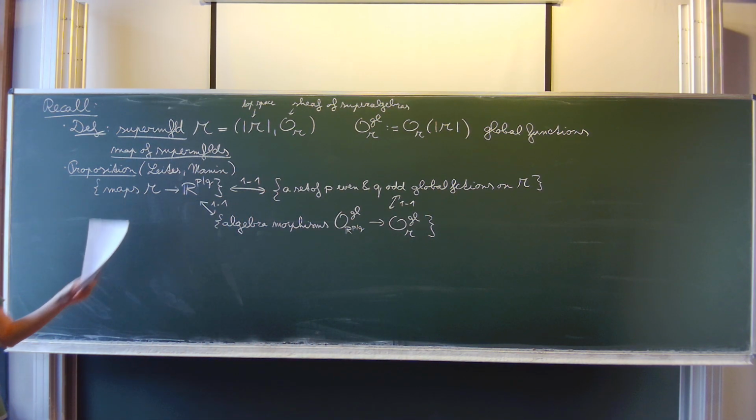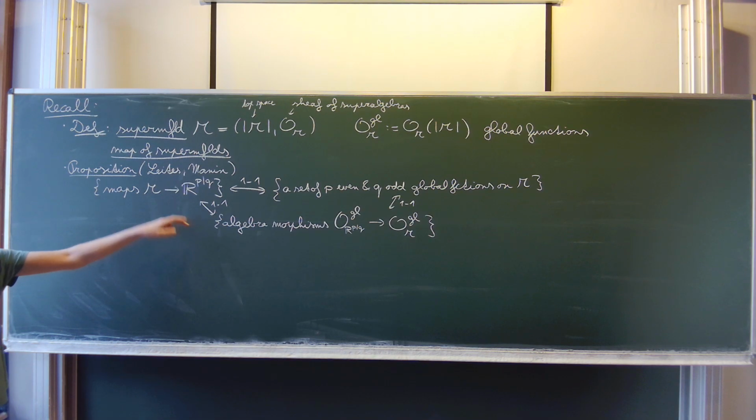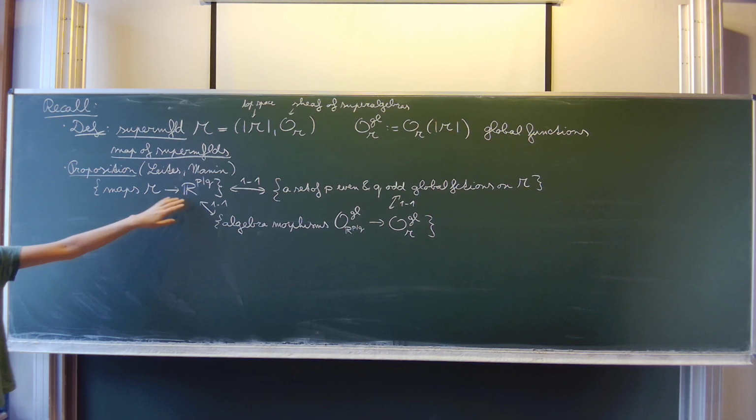Okay, so these are equivalent data, and it's clear how the map goes in one direction. If you have a map, you can pull back functions from the right to the left, which is this thing.